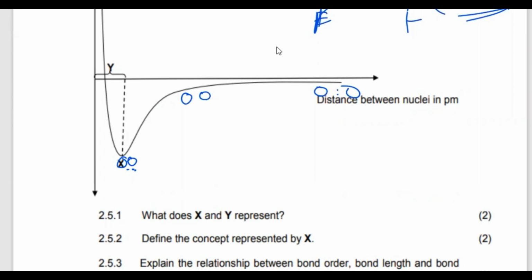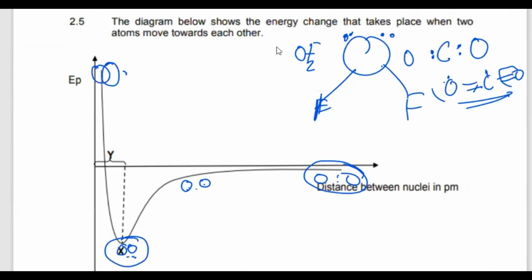Here, the attraction is increasing, outweighing the repulsion. Can I repeat? Here, the force of attraction and repulsion is almost zero. Here, the force of attraction is increasing, outweighing the force of repulsion. Here, the force of attraction is greater than the force of repulsion. But now here, the force of repulsion is greater than the force of attraction. That's why the energy now increases.